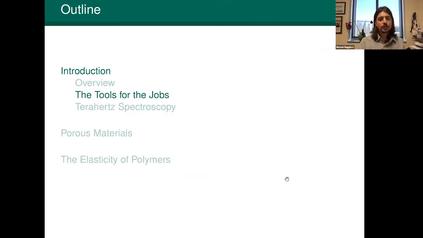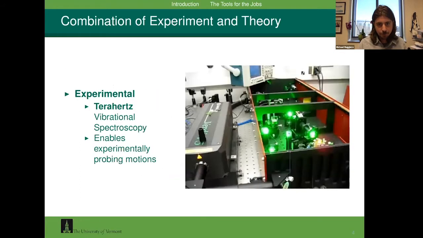So what tools are we using? What are the techniques? In my lab here, we have some laser beams, and we do what's called vibrational spectroscopy, particularly at terahertz frequencies. So it's far infrared. We have a few different lasers in our lab, a few different experimental setups.